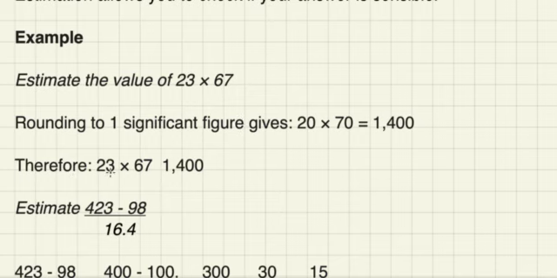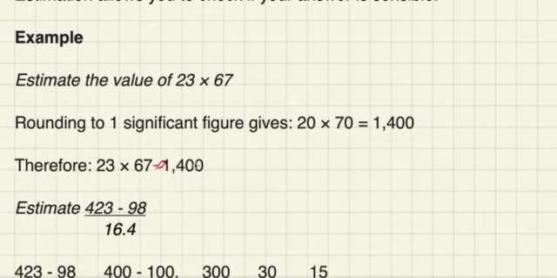Therefore, the original figures, 23 times 67, doesn't equal 1,400 because this is just an estimate, but it's roughly equal to. And the sign for roughly equal to looks like the equal sign.